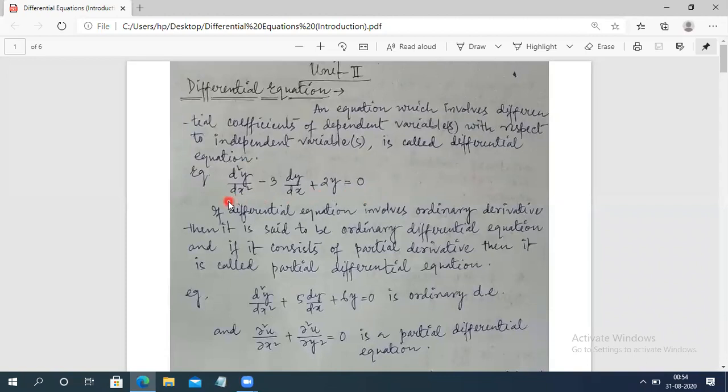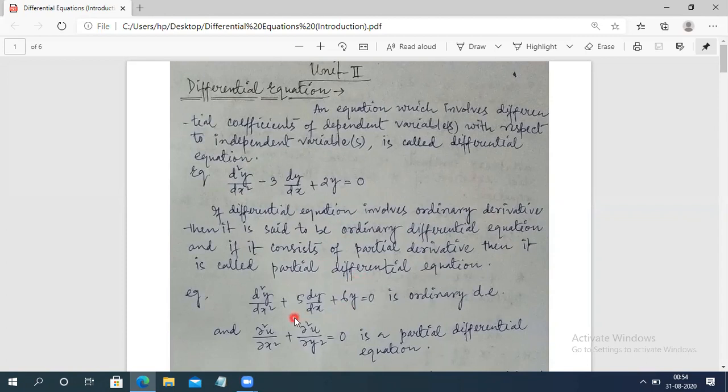Differential equations are of two types: one is the ordinary differential equation and the second is the partial differential equation. A differential equation which involves ordinary derivatives is called an ordinary differential equation. On the other hand, if it consists of partial derivatives, then it is called a partial differential equation.